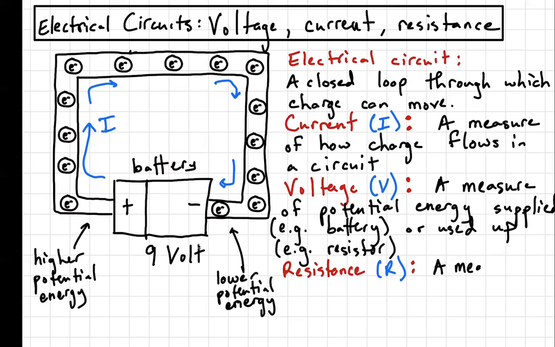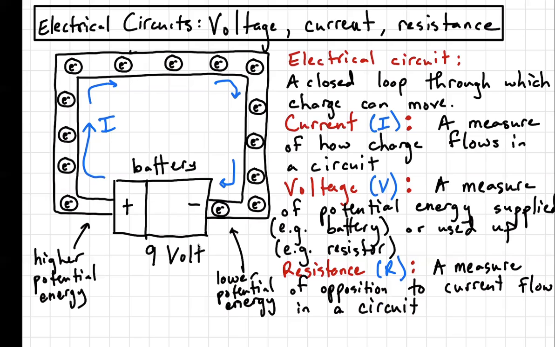A measure of opposition to current flow. A resistor is something that takes potential energy to push charge across. In fact, every wire has resistance.